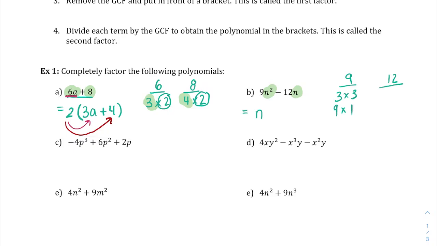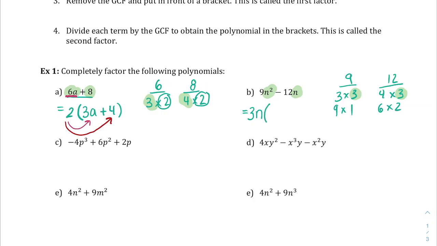Whereas for 12, we can have 4 times 3, 6 times 2, and that's about it. So now we want to find out which factor was common between the two of them, and we should be looking for the greatest number. So if we compare 9 and 12, the greatest common factor in this case would be the number 3. Since they have that in common, we could factor it out.